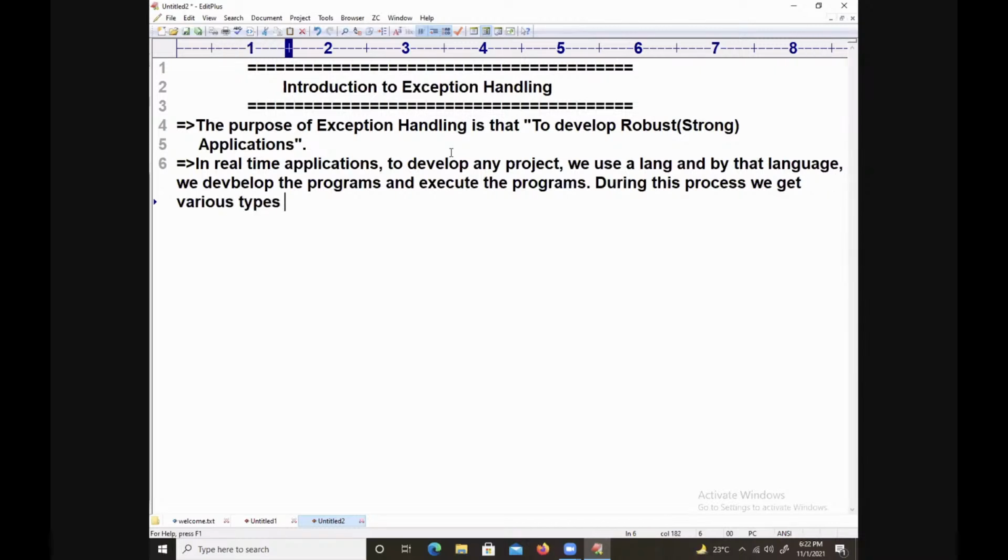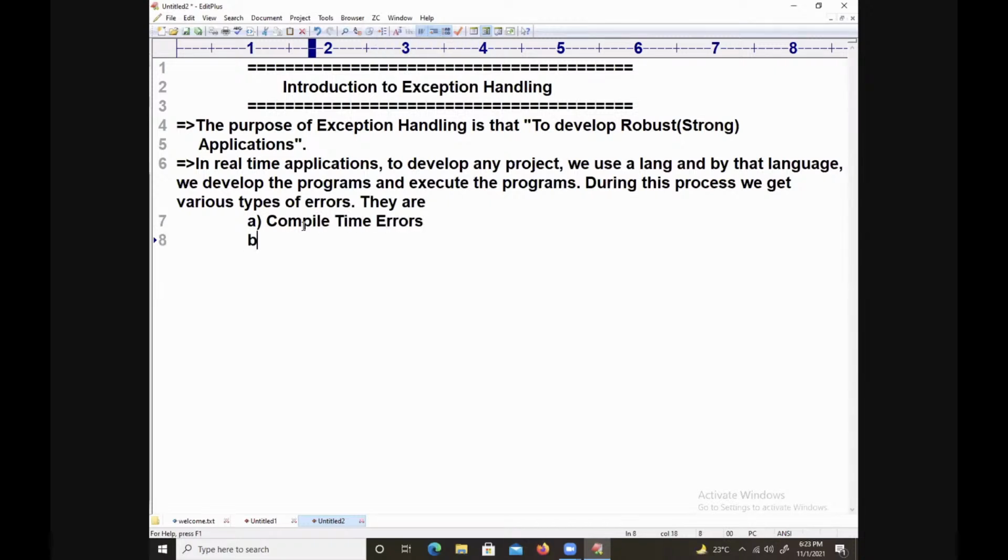In real-time applications, when we develop any project, or when we use a language or technology, and by using that we develop programs and execute programs, during this process we get various types of errors. Number one, compile time errors.